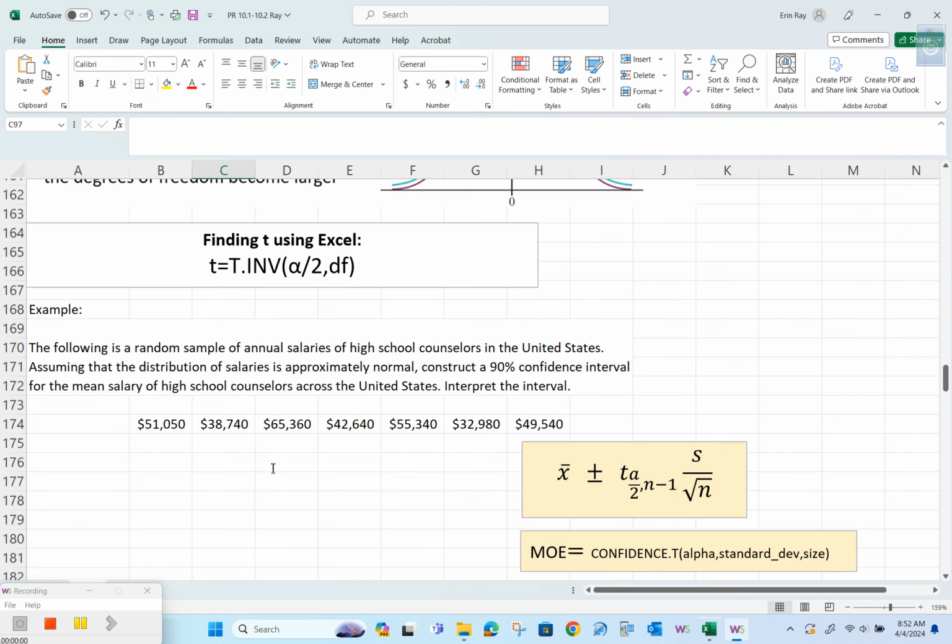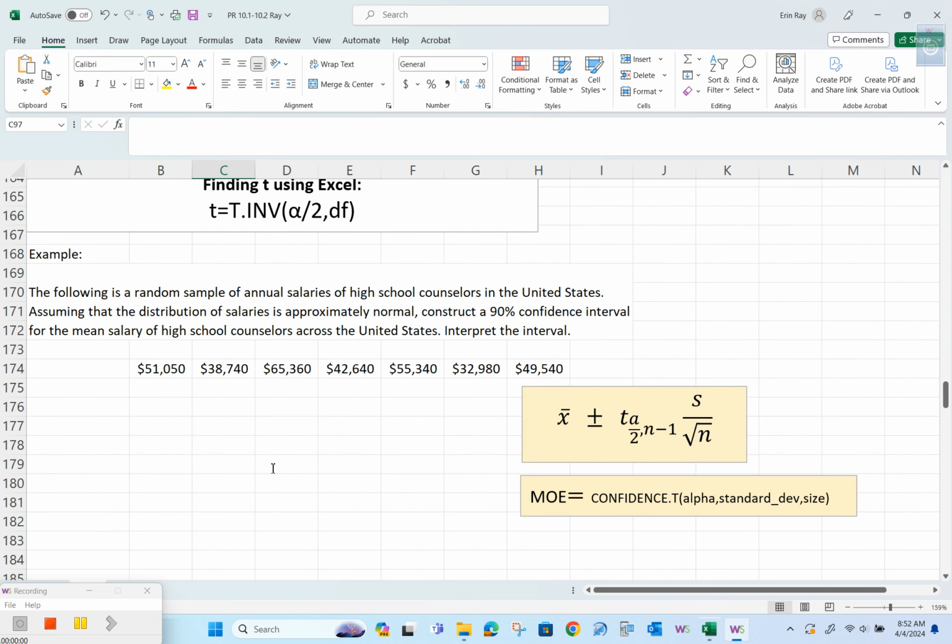So how a problem is going to look for something like this is when we list out our items, we won't have the population standard deviation given to us. So that's why we really have to be clear with our symbols and make sure we know whether this was a population parameter or a sample statistic. So this one says, the following is a random sample of annual salaries of high school counselors in the U.S., assuming that the distribution is approximately normal.